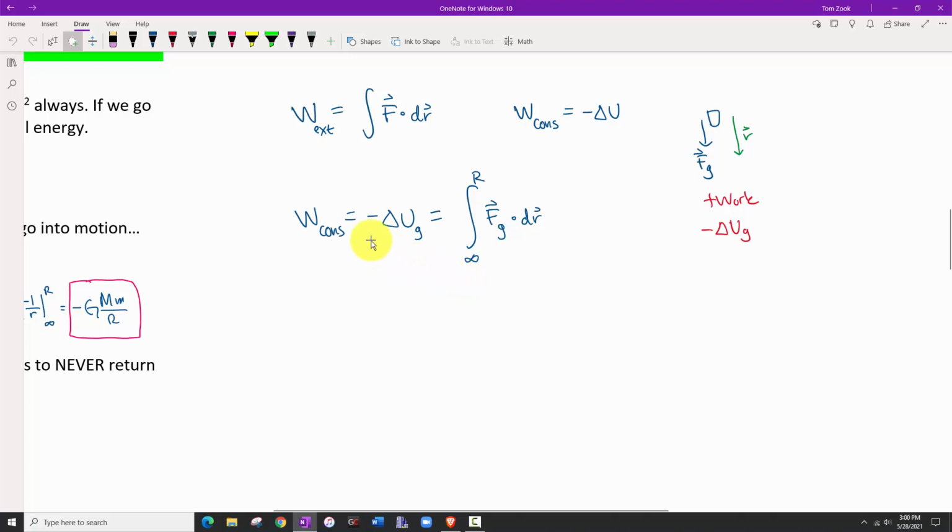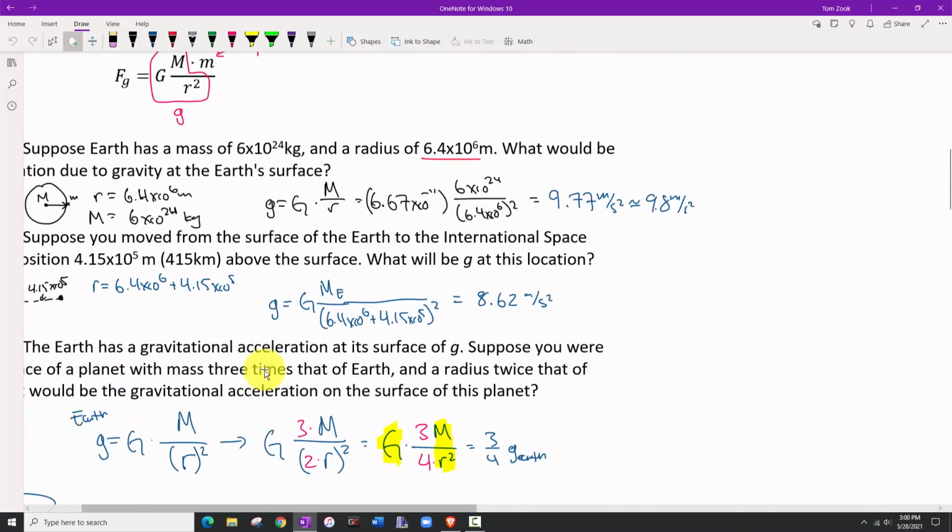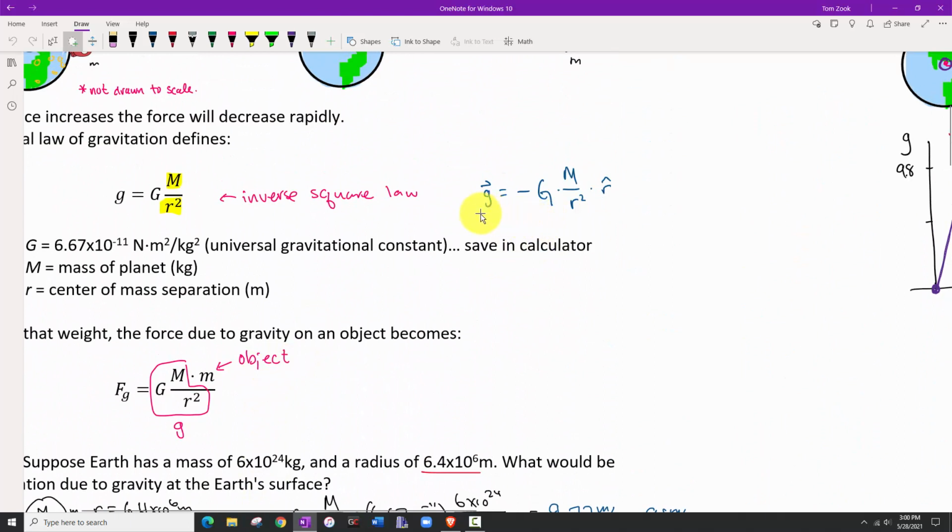So let's go ahead and do this integral this way, but reminding ourselves that the acceleration due to gravity as a vector is negative of the radius direction, and the force due to gravity is that acceleration multiplied by mass. So as a vector, the force due to gravity is negative G M times little m over r squared, and then the radius unit vector.